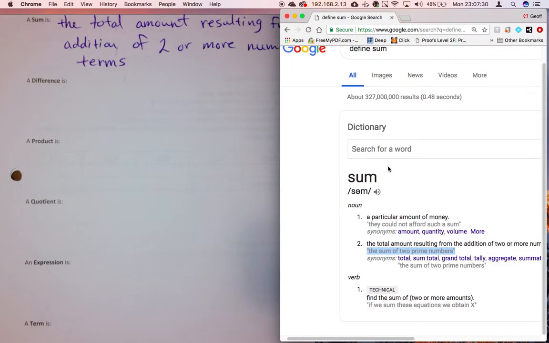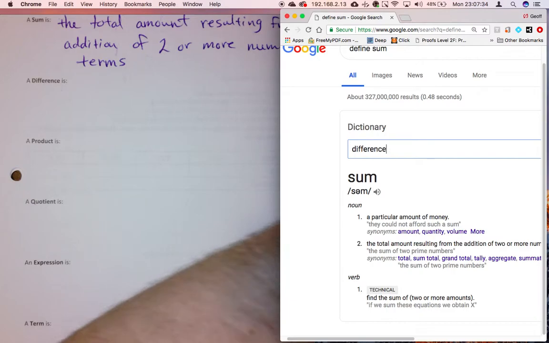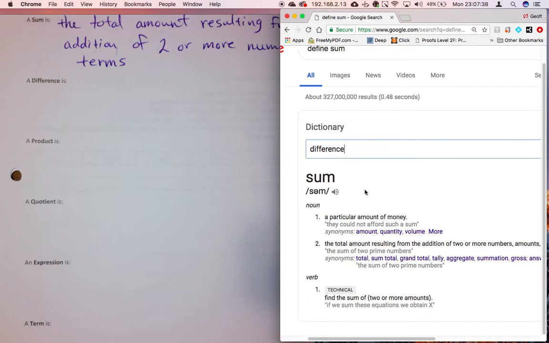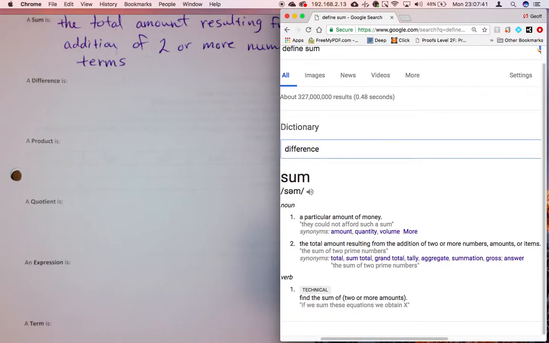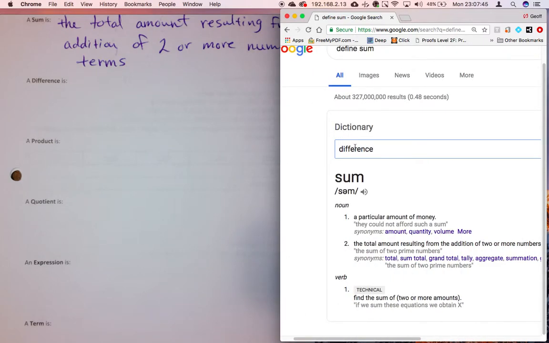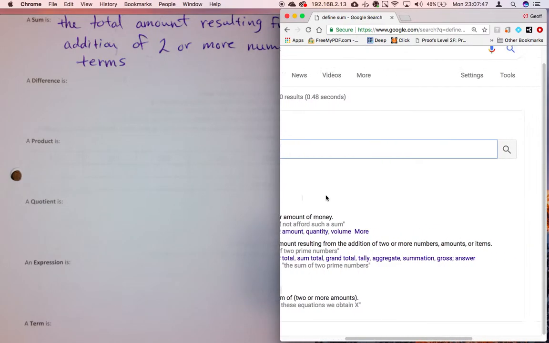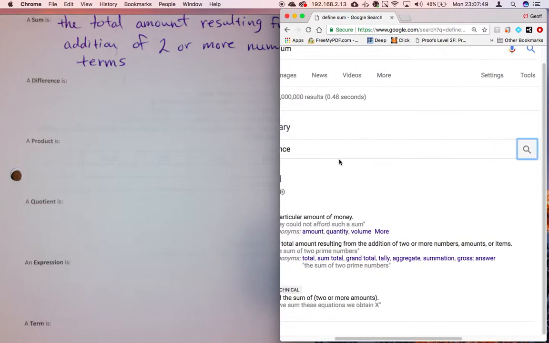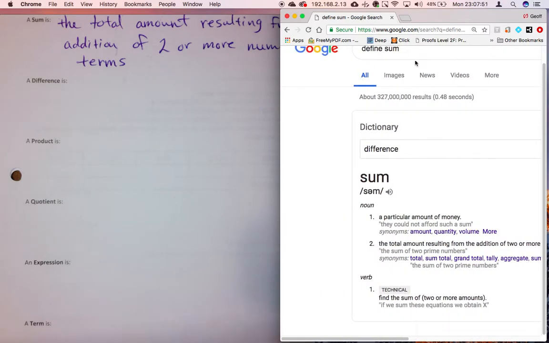Okay, let's go difference. I'm likely going to think it's the difference of two numbers. Here we go. Let's take a look. Difference. Google Dictionary. We're having technical difficulties.